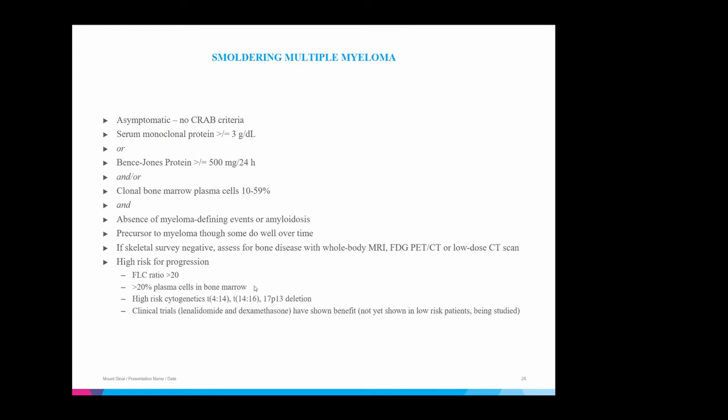So our patient probably is high risk for progression to myeloma. High risk cytogenetics are also a risk factor. And clinical trials are underway to see whether there's any benefit in treating smoldering myeloma patients to prevent them from progressing to myeloma. And there does seem to be some benefit in the high risk patients.